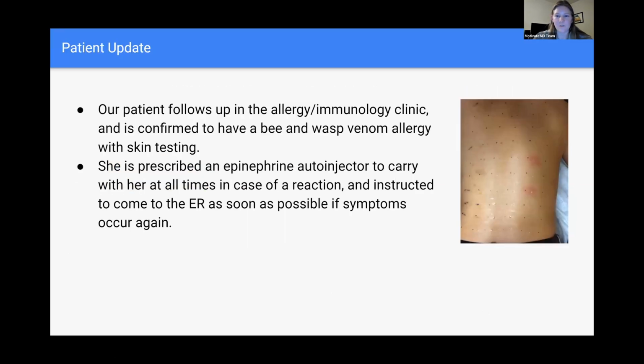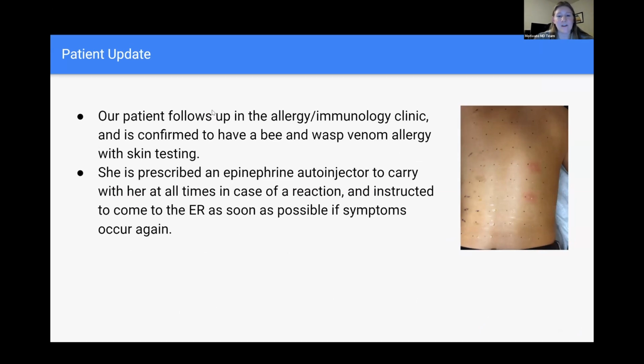So to go into a patient update, she does follow up in the allergy and immunology clinic and is confirmed to have a bee and wasp venom allergy with skin testing. Skin testing is something they can do outpatient in an allergy clinic, essentially taking the antigen or protein component of a bunch of different allergens: food allergens, environmental allergens, medications, I think maybe even, I'm not sure.